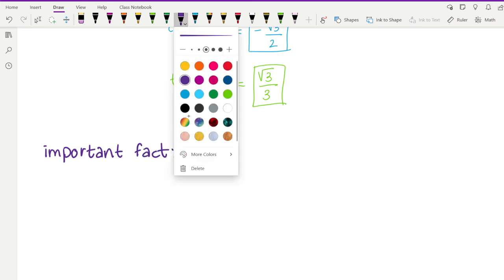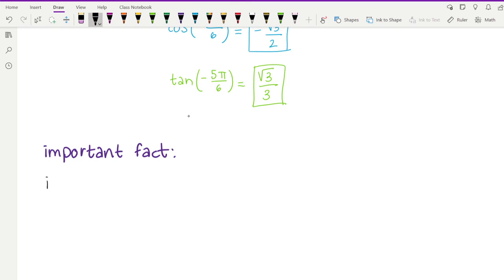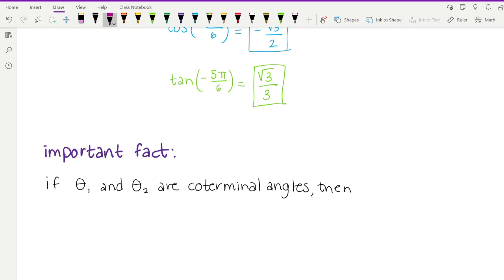So our important fact is that if I'm going to call angles theta 1 and theta 2, so I'm just using that to represent two different angles, if theta 1 and theta 2 are coterminal angles, then if you evaluate sine, cosine, and tangent of them, you're going to get the same result both ways. So sine of theta 1 is going to be equal to sine of theta 2. That's what we saw happen in this example, right?